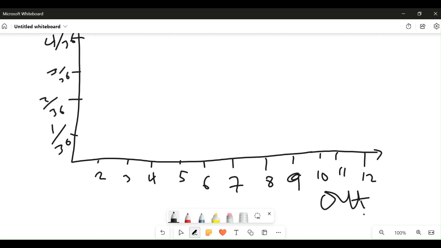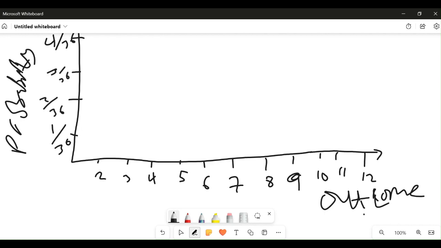This X axis represents outcomes, and the Y axis represents probability. So now, from here, what do we do? You just have to plot what we have here.